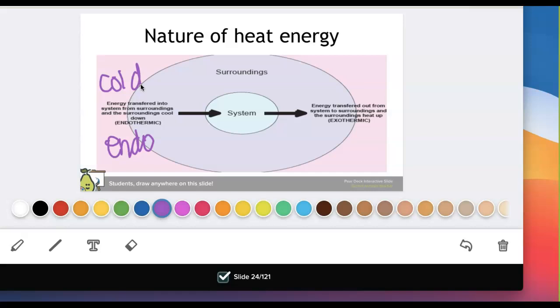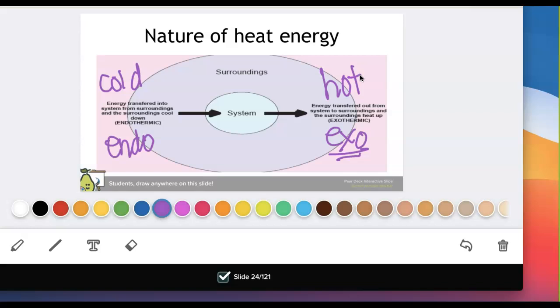Whereas if heat exits, leaves, it is exothermic. If the heat is coming out and moving towards us, it feels hot to us. So endothermic processes feel cold to us, and exothermic processes feel hot to us.